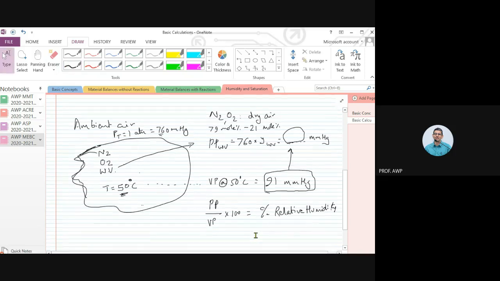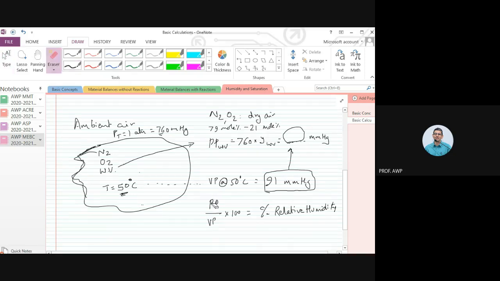Now suppose you are somewhere in Rajasthan, the temperature is 50 degrees centigrade, a very hot summer day, and you look at the newspaper and find the percent relative humidity is 45%. What would that mean?